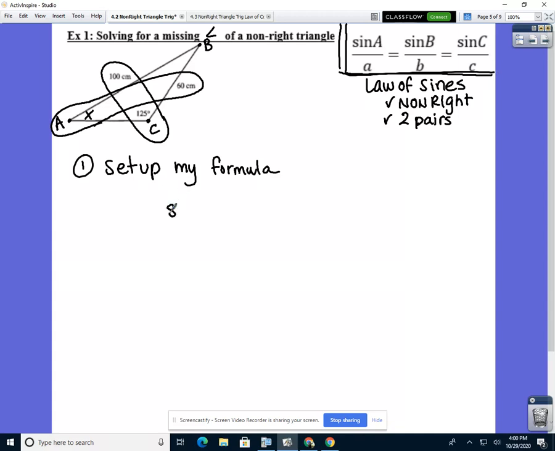So I'm going to do sine of 125 over 100. Again, because they're buddies, they're pairs, they match up. So we're going to put them in the same fraction together. And then equals, and I'm going to set up my second incomplete pair. So I'm going to have sine of, well, I can't put any number there. It's just X. I'm going to put X, and that's going to be over 60.